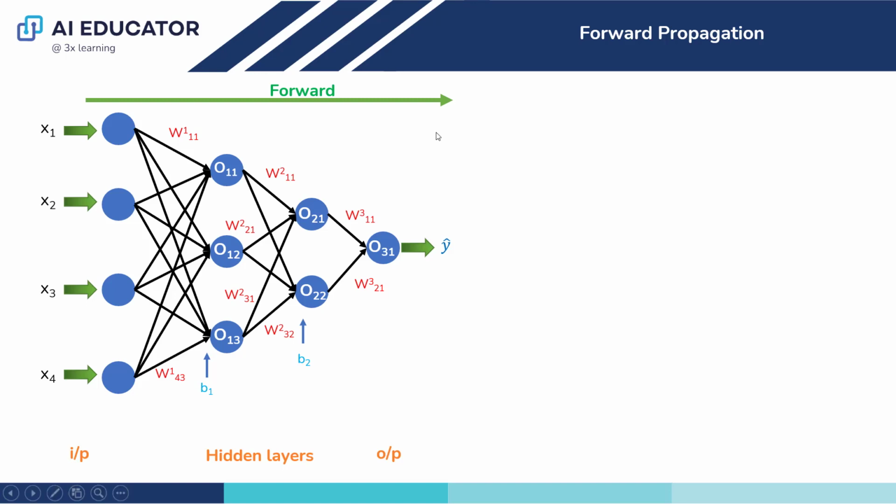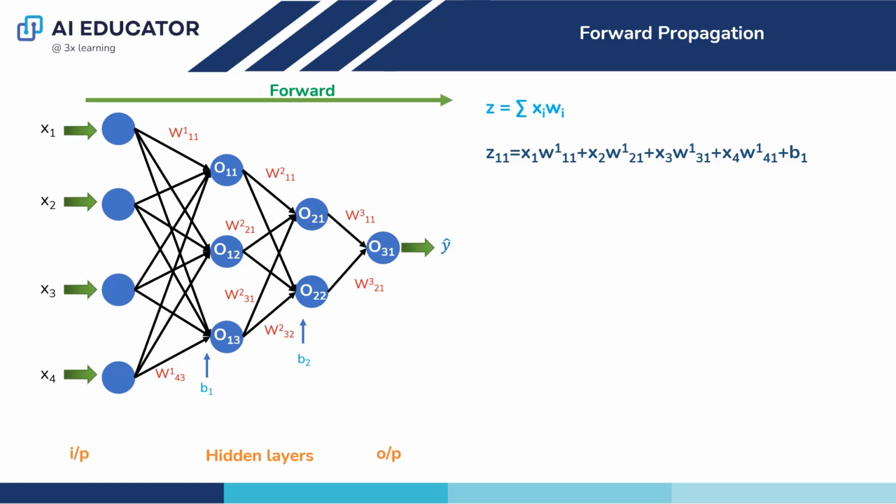Now let us consider Z is the cumulative input that goes to a node. Let us consider the input that is going to this particular node. Let us call it Z11. Then Z11 is equal to x1 w1 plus x2 w1 plus x3 w1 plus x4 w1 plus a bias b1.